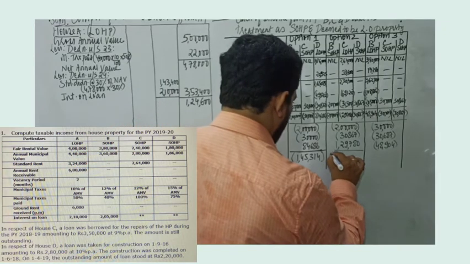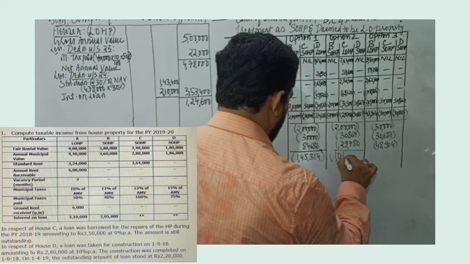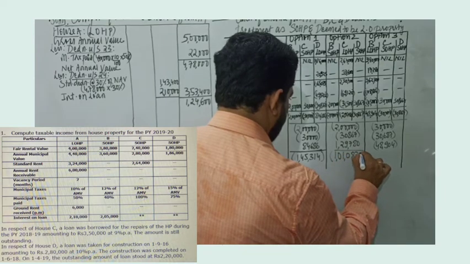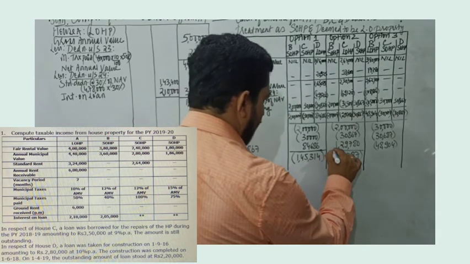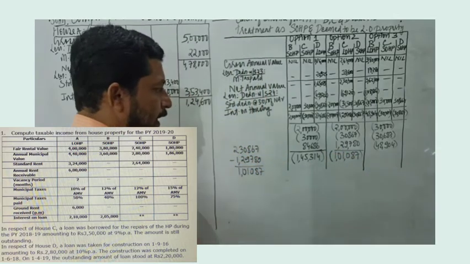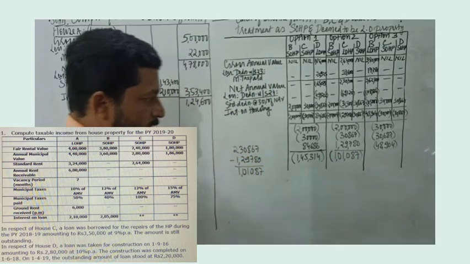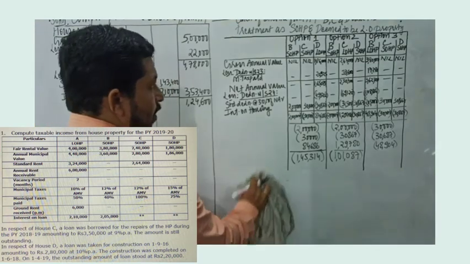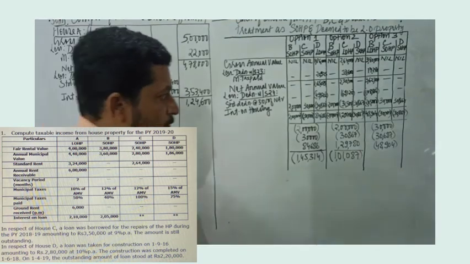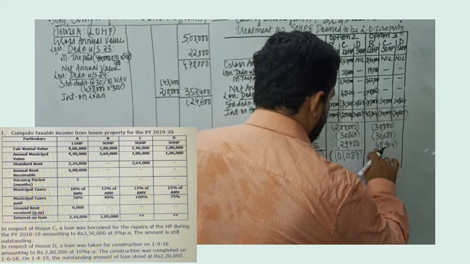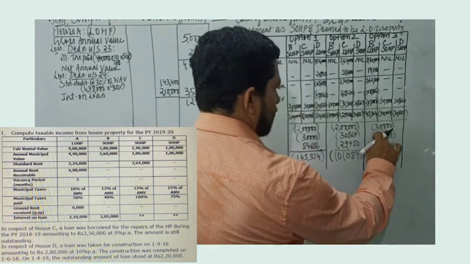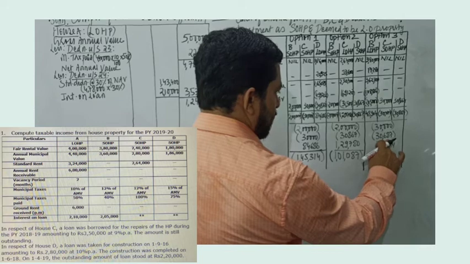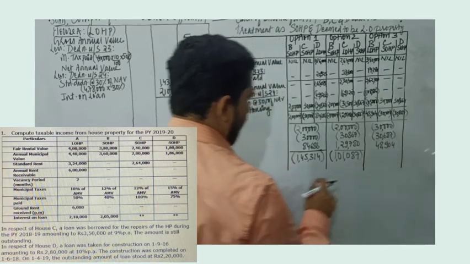So you get a negative value of 1,01,087. 1,01,087 is the number that we get as far as option 2 is concerned. As far as option 3 is concerned, we have minus 30,000 minus 30,687 plus 48,904.